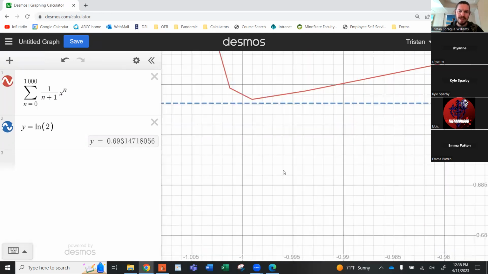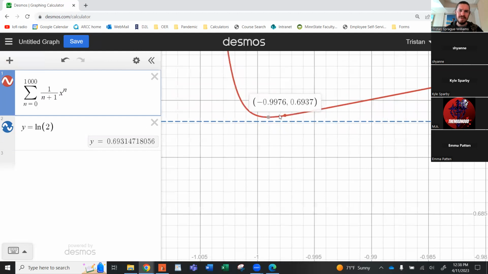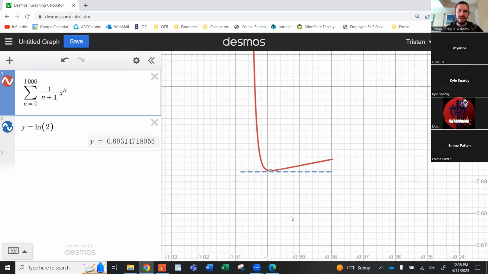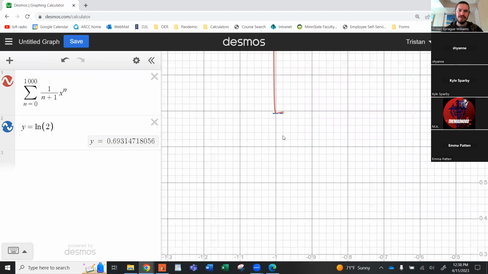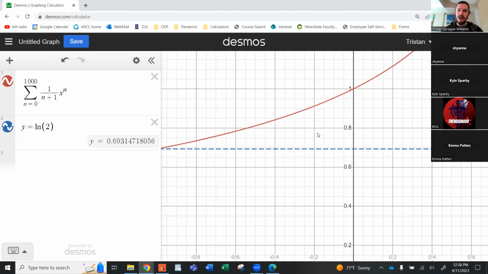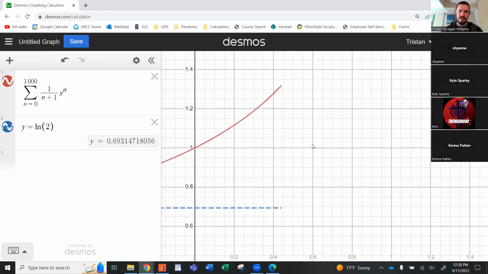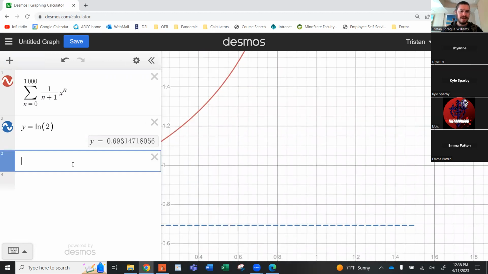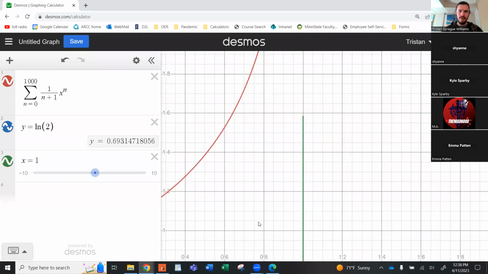And because we're working with an approximation, it kind of diverges at the last second. But if we were to take this all the way to infinity, it would actually converge.